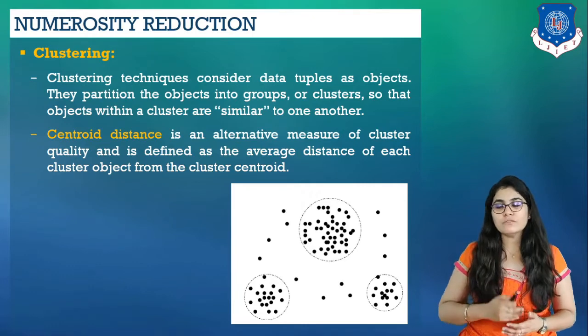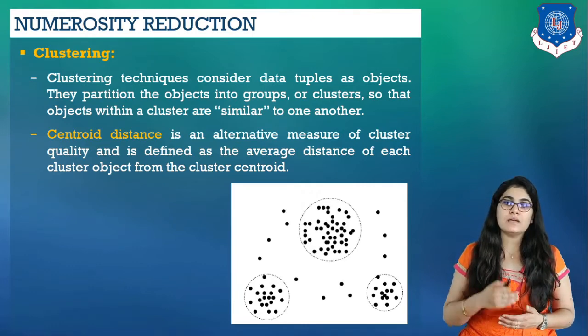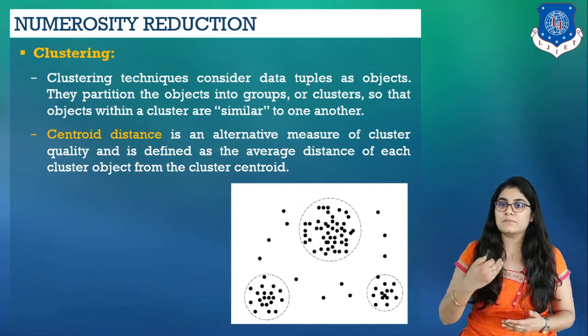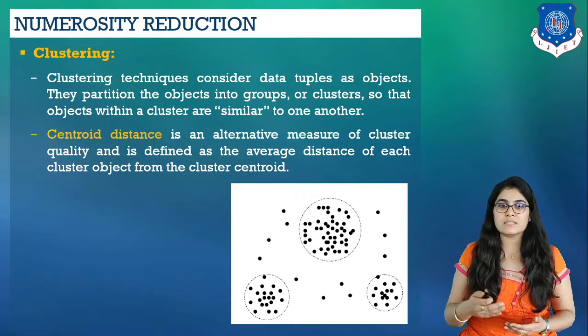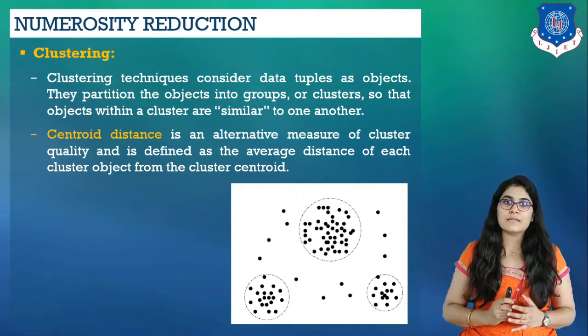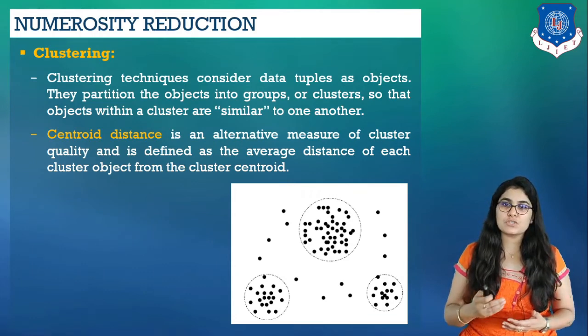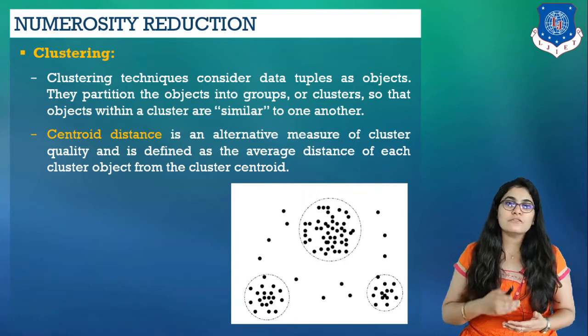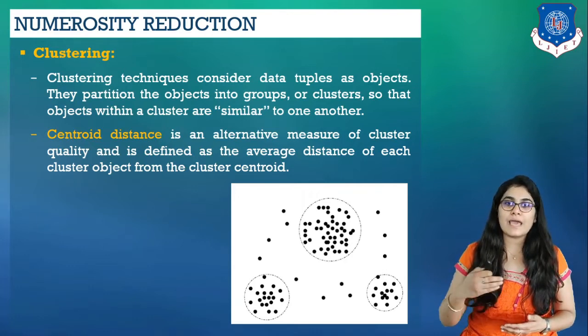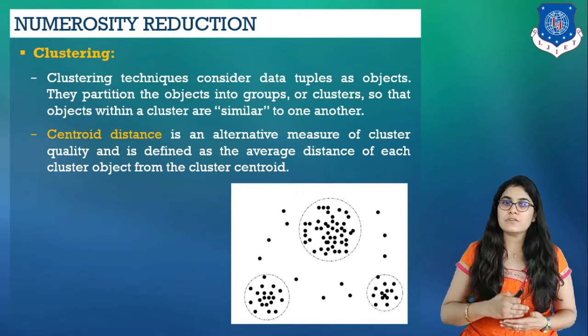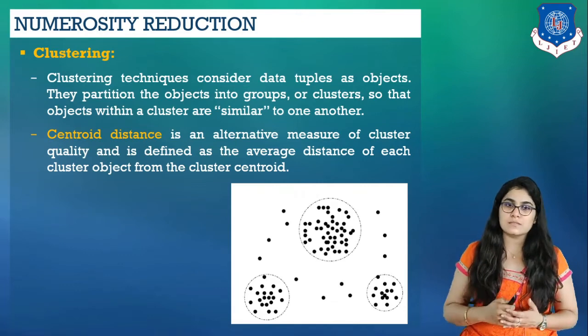The quality of a cluster may be represented by its diameter, the maximum distance between any two objects in the cluster. Centroid distance is an alternative measure of cluster quality and is defined as the average distance of each cluster object from the cluster centroid, denoting the average object or average point in space for the cluster.